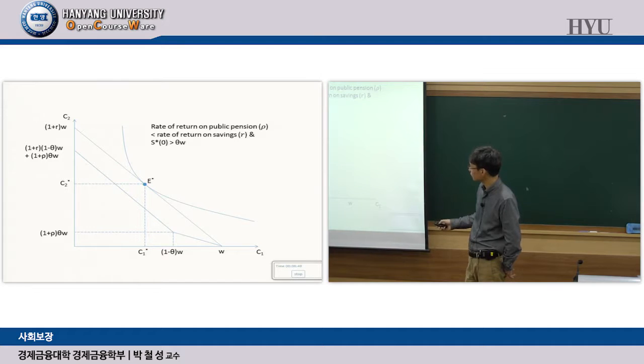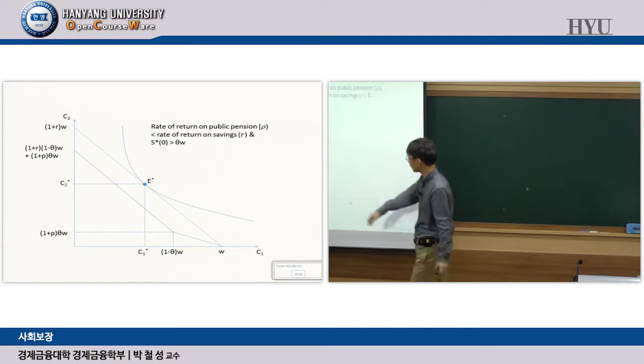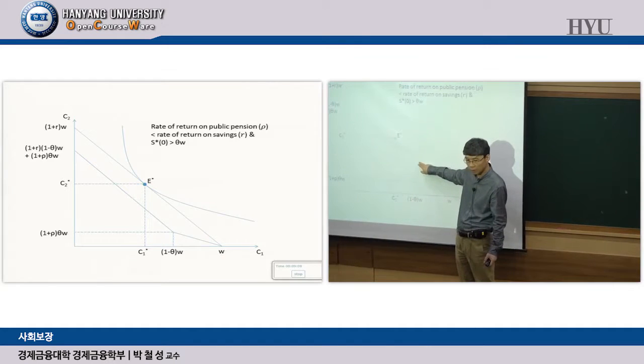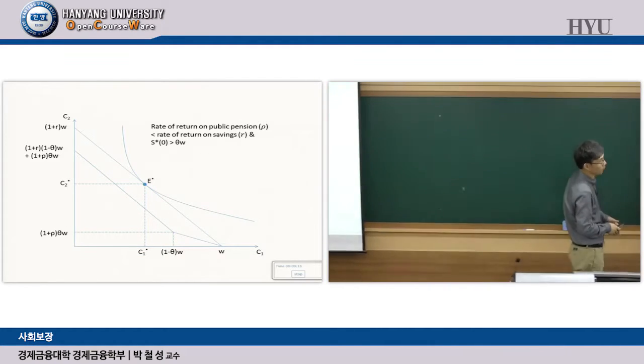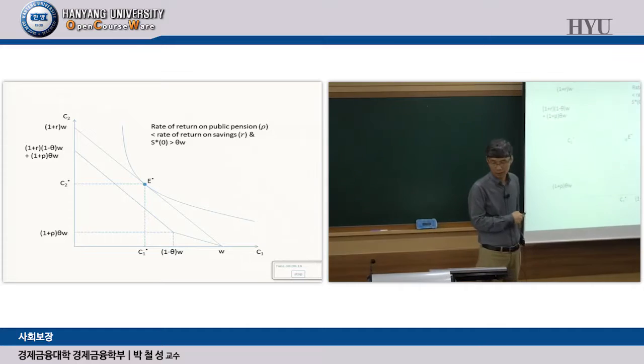Okay? What it means? Basically, you pay theta W as your pension contribution. It does not give you 1 plus R times theta W. It gives you 1 plus rho times theta W, which is smaller than 1 plus R times theta W. If it's 1 plus R times theta W, it should be here. But it's, let's say, lower, 1 plus rho theta W. So it means basically your lifetime wealth will be smaller, right?